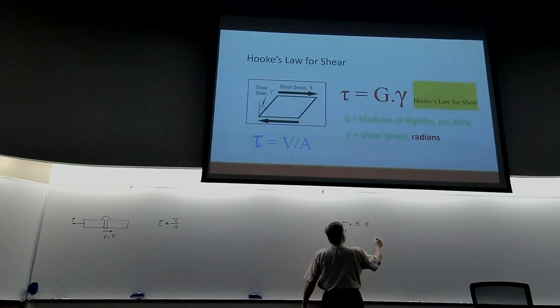Sigma is E times epsilon, where E is modulus of elasticity.